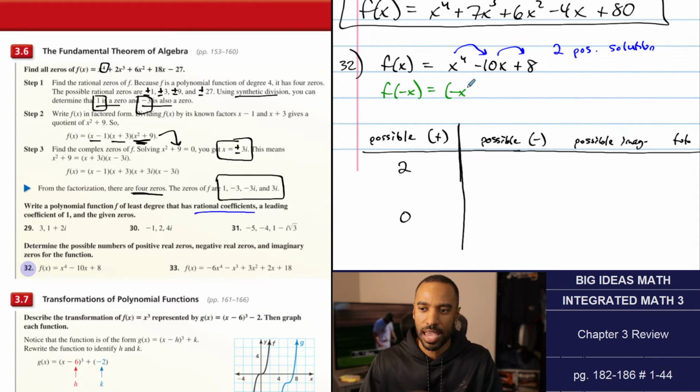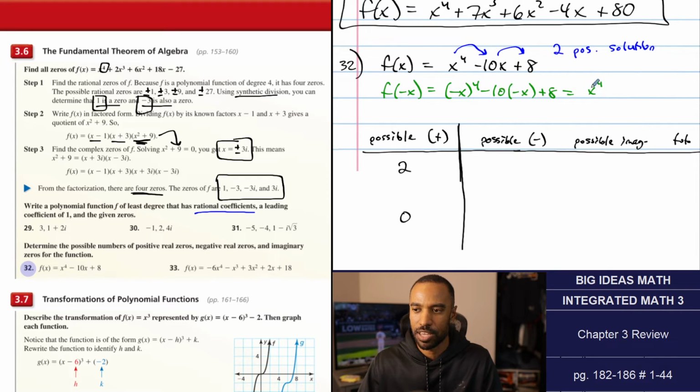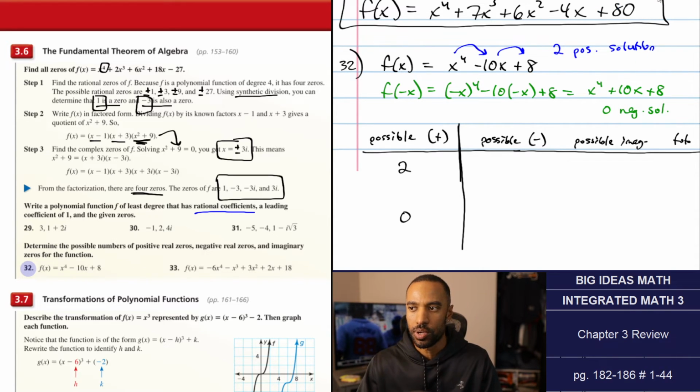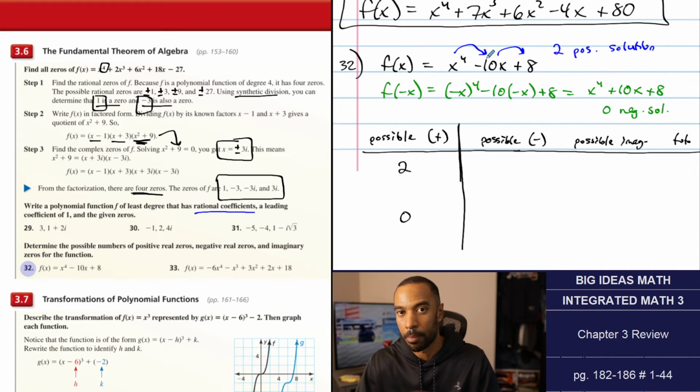When you substitute negative x into here, negative x to the positive 4th is still positive x to the 4th, but negative 10 times negative x is plus 10x, and there's a plus 8. You can see here, you never change sign. No sign changes from this thing. Positive, positive, positive. That means there are 0 negative solutions as a possibility. So you can never have negative solutions from this thing. They're only positives or imaginaries.